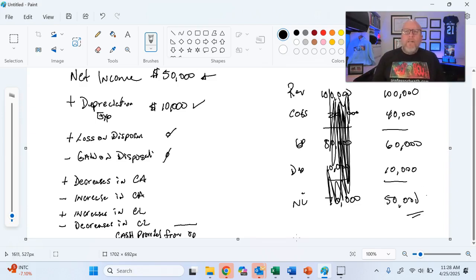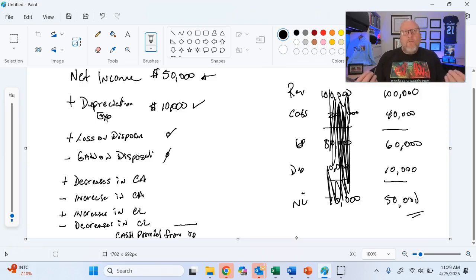So if I'm trying to figure out how much cash I generated from running my business, I'm going to add back depreciation. Also add back amortization, and I'll also add back impairments, right? We are adding non-cash transactions back to income because there was no cash subtraction from income.